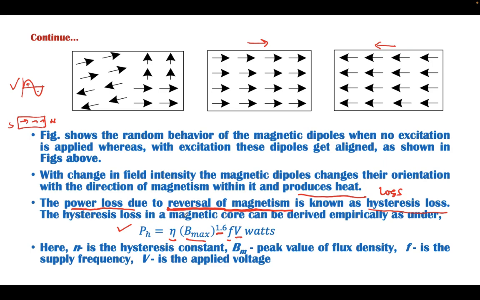Considering all these parameters, we tested this magnetic material at different instants, with different magnitudes of voltage and different flux densities, and obtained a relationship known as the empirical relationship, given by Ph = eta B max^1.6 f V watt, and this is the constant loss. When any magnetic material is subjected to being an electromagnet, there is always a hysteresis loss, particularly when the supply is AC.